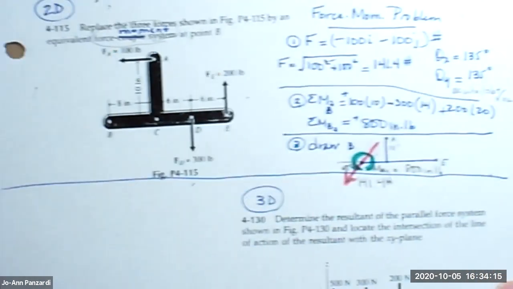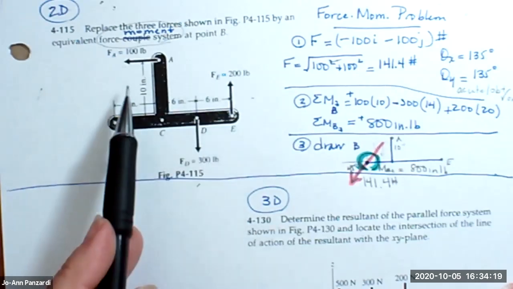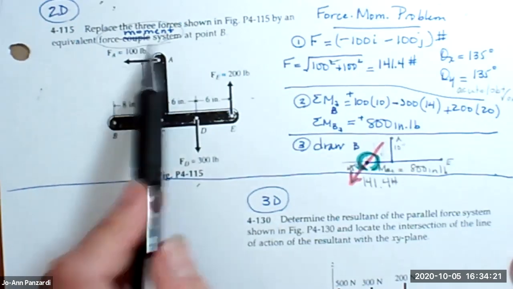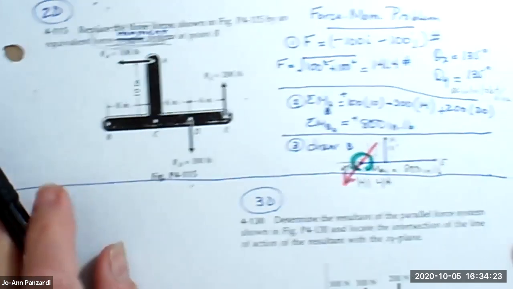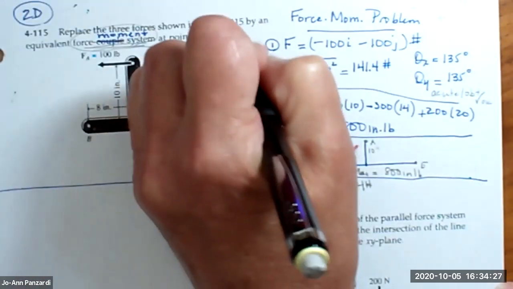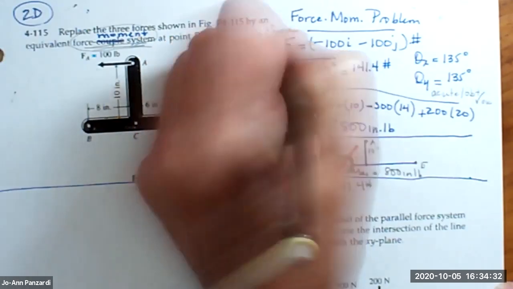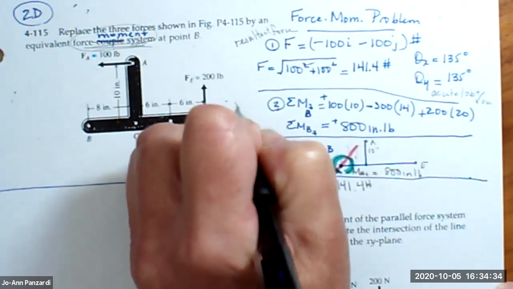So we took a 2D problem that was a little more complex, and we wanted to reduce it to a force moment system. The first step was to find the resultant force. The second step was to find the resultant moment.